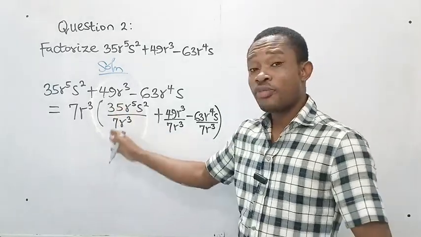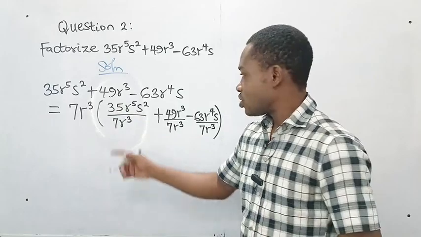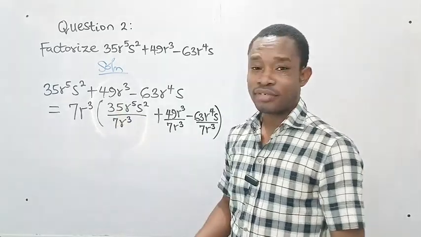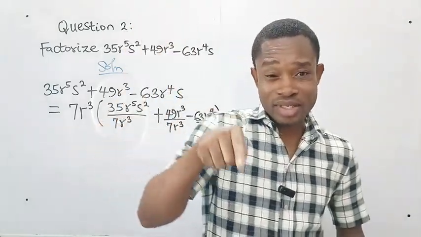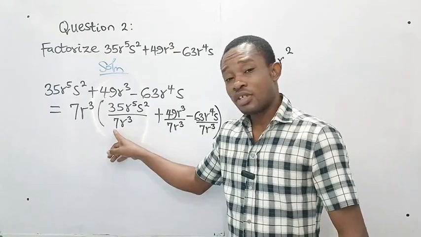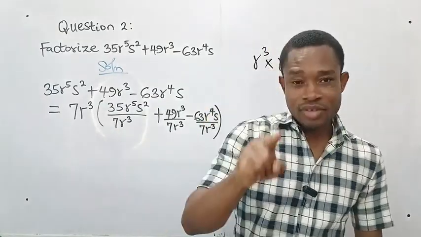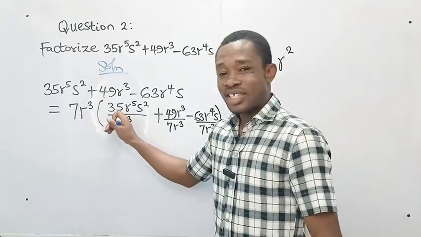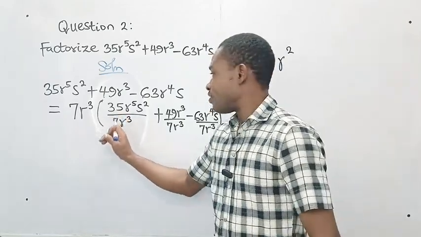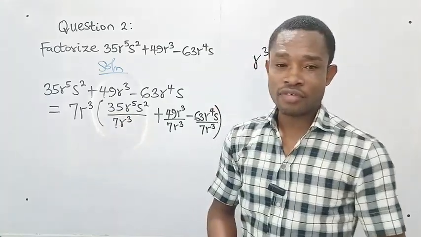The numbers as coefficients will divide each other. So here we have 35 divided by 7. And of course, from the multiplication table, I know that 7 times 5 will give me 35. Therefore, 35 divided by 7, you are going to get 5.